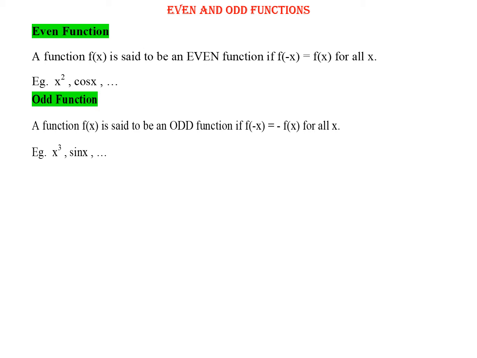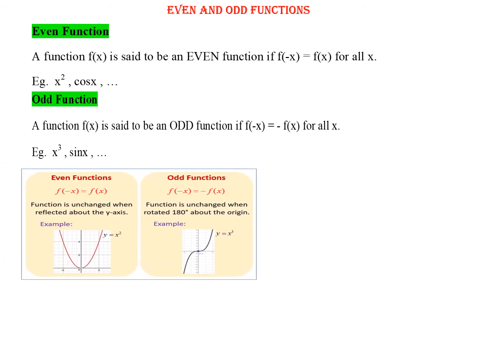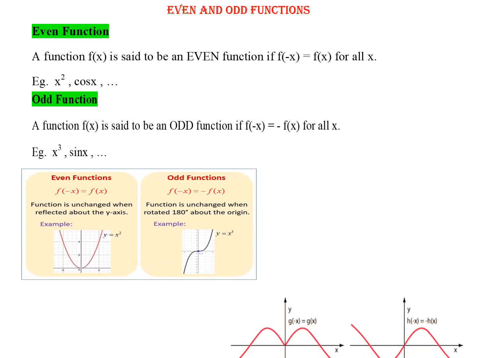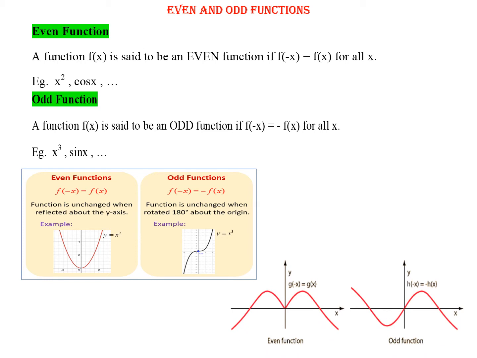And a few examples are x cube and sin x. And this is how the graphs of even and odd functions look like. For example, if you take y equal to x squared, it represents a parabola, and that was an even function, and next we have an odd function graph, y equal to x cube.